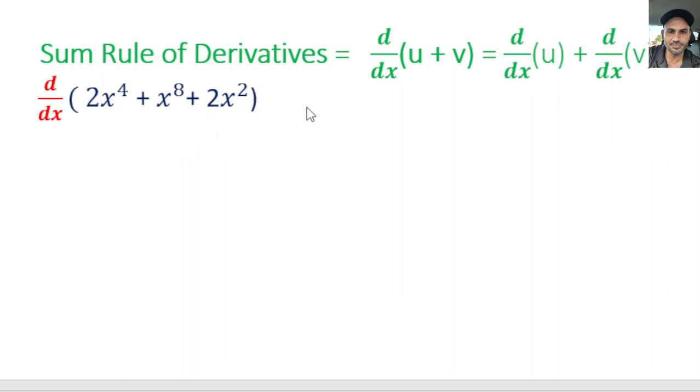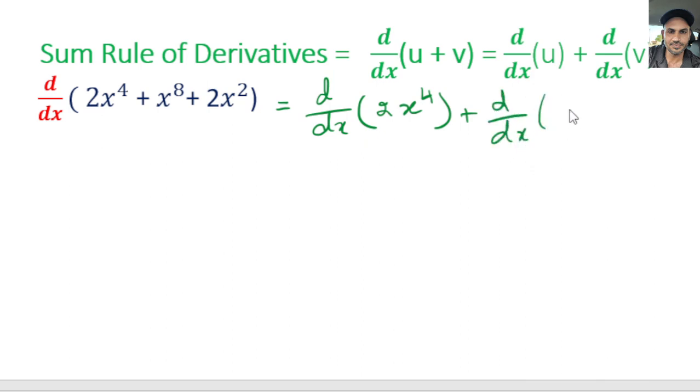So this is going to be equal to d over dx of the first term in the expression, 2x to the 4, plus d over dx, which is the derivative of the second term, plus d over dx of 2x squared.